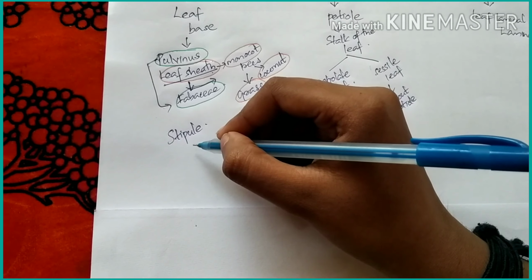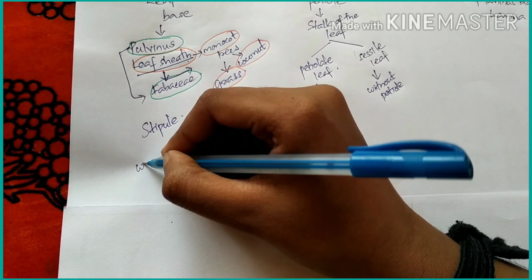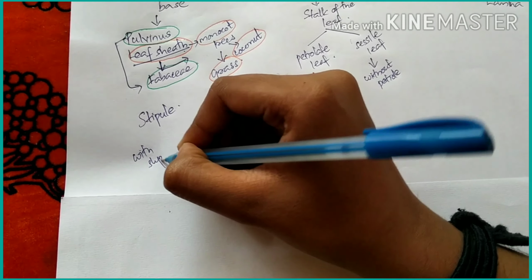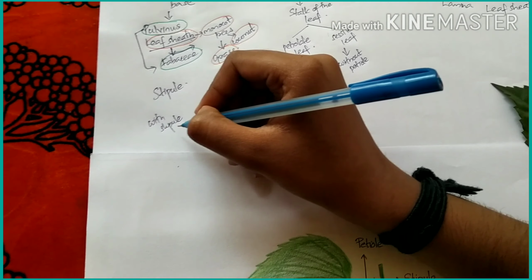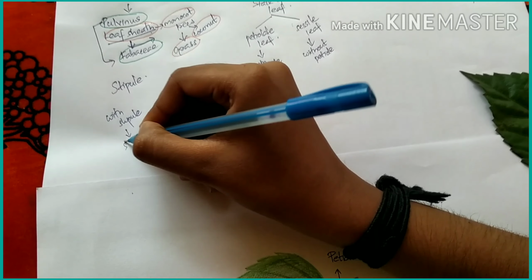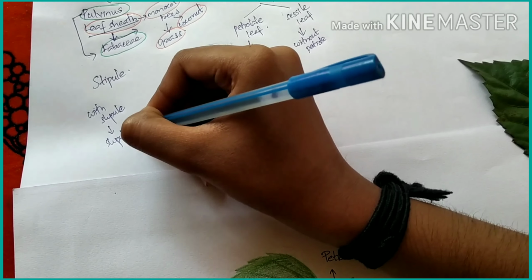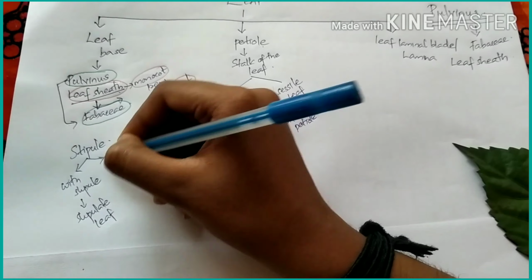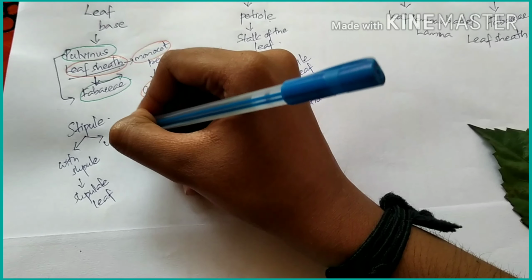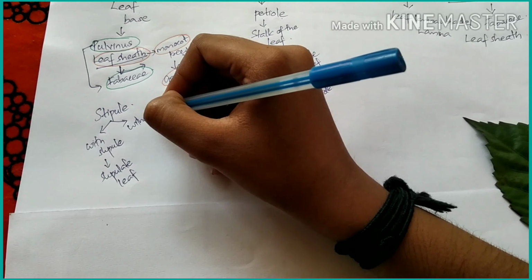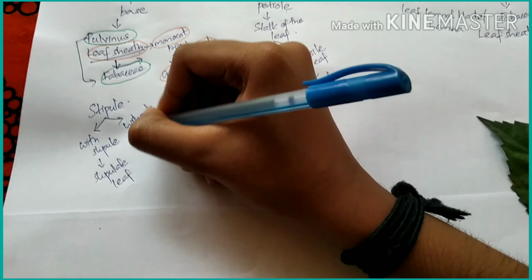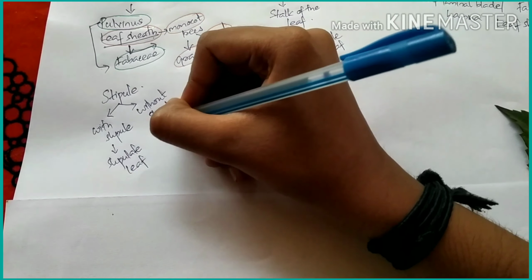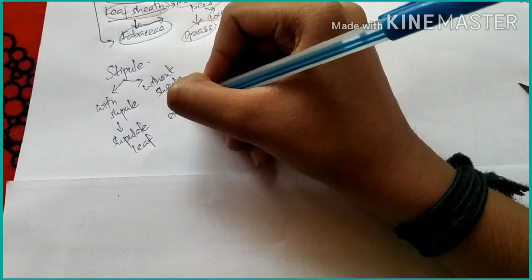A leaf with a stipule is called a stipulate leaf, and a leaf without a stipule is called an exstipulate leaf.